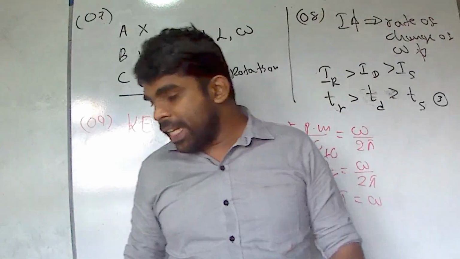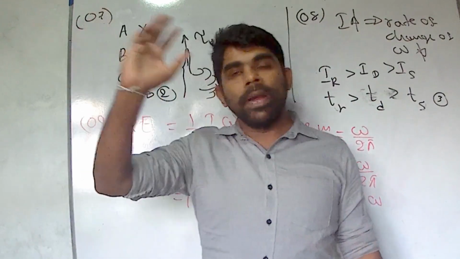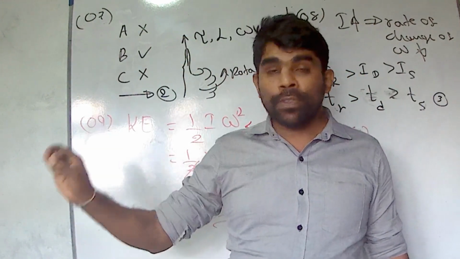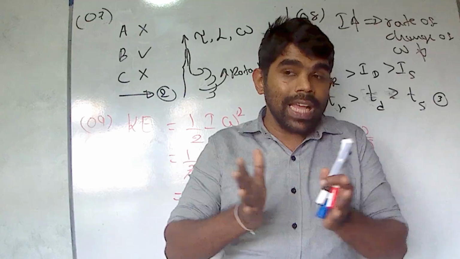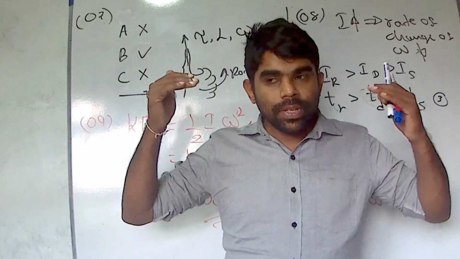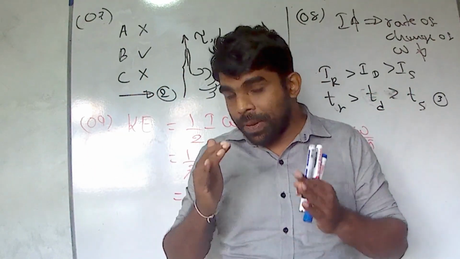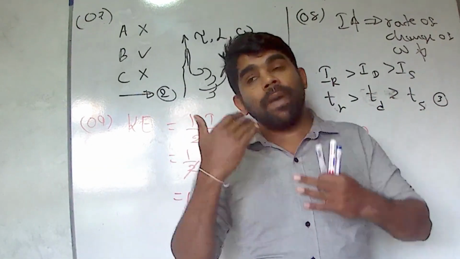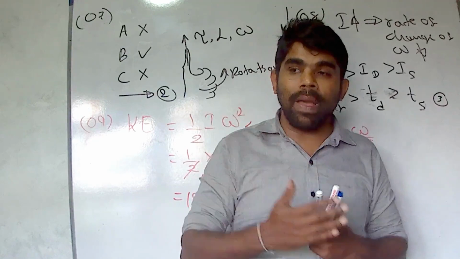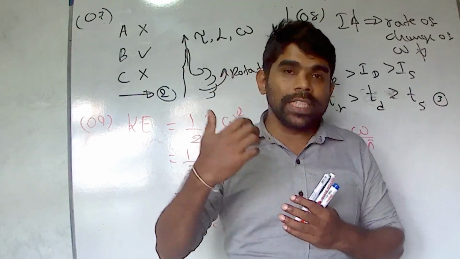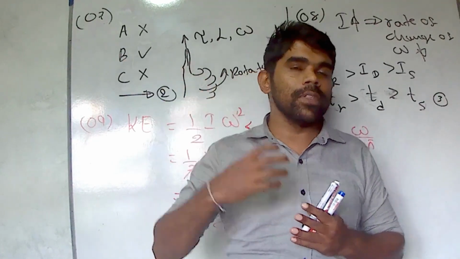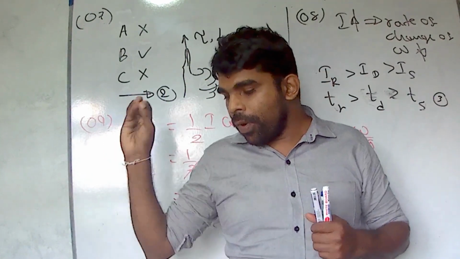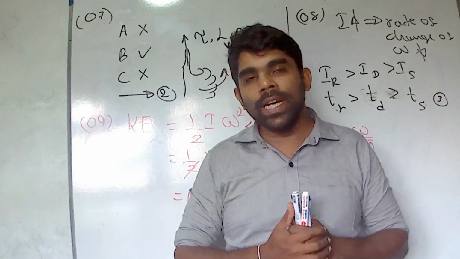We have to consider the moment of inertia. Moment of inertia is greatest for the fifth system because there is a large mass spread. When I is maximum, the work done to change the angular velocity is a higher value. Therefore, higher energy is required for system 5.